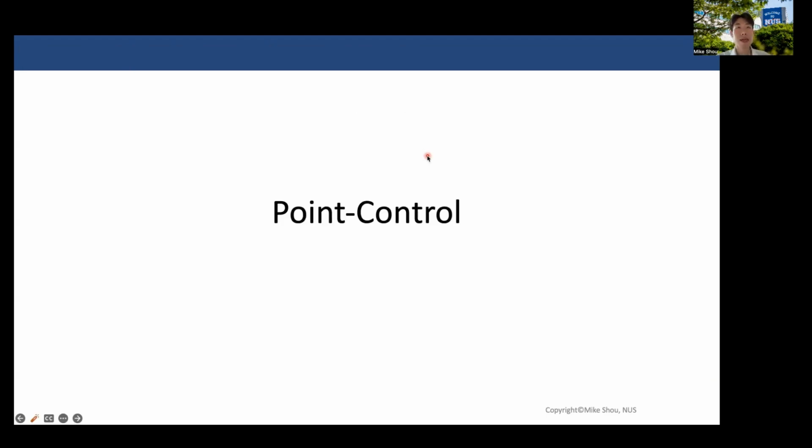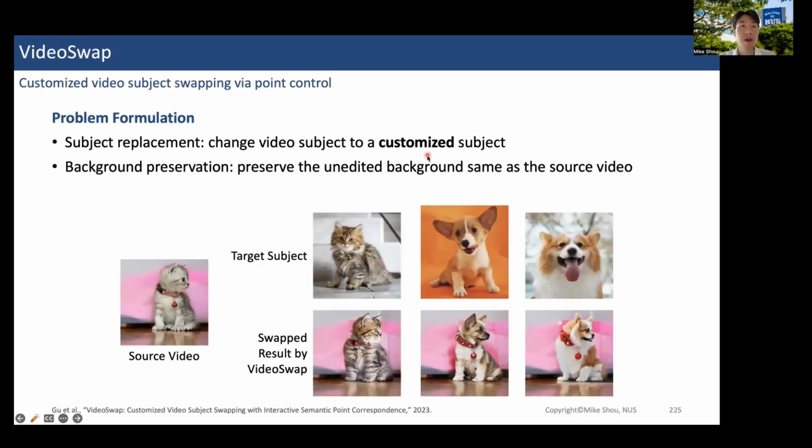So the next topic we'd like to talk about is control using points. And this was brought up in our recent manuscript, video swap. So the idea is that, given the source video, we want to swap or change the subject from the specific object to another concept, another target subject defined by the user, maybe using a few images of this specific concept, this specific dog.